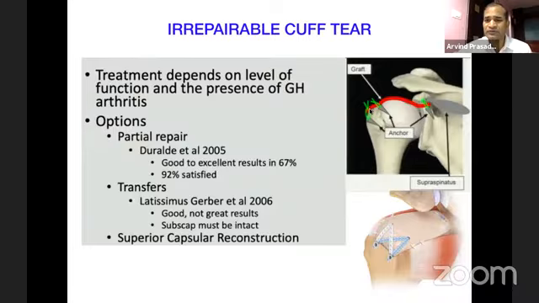Here, what you do, the tensor fascia lata or artificial graft is knotted over the humeral head and the superior margin of the glenoid. So it prevents the superior migration of the humeral head. So this prevents the development of arthritis and relieves the pain also. So this is the superior capsular reconstruction.